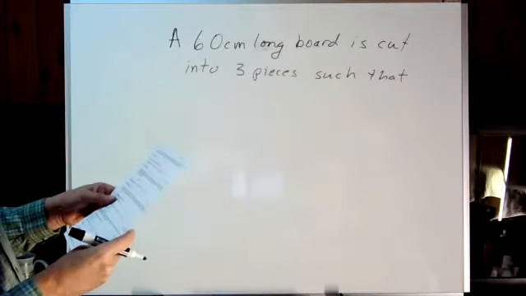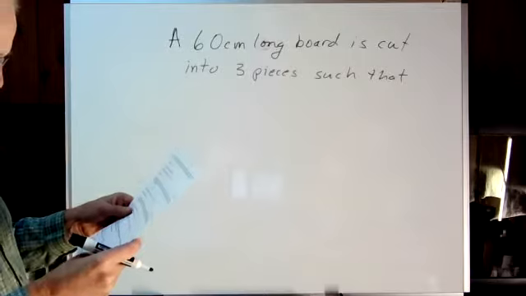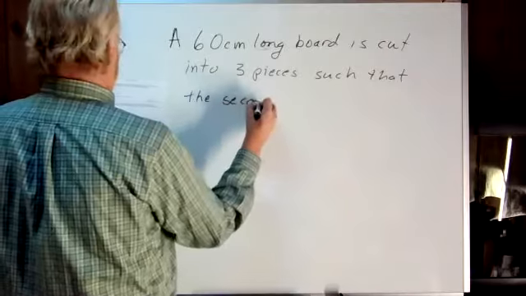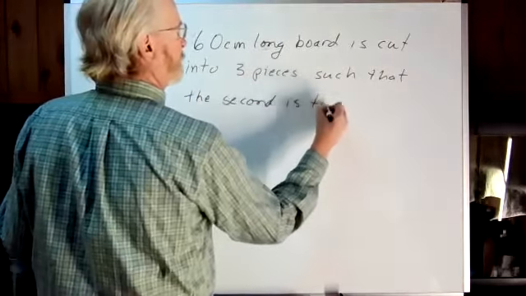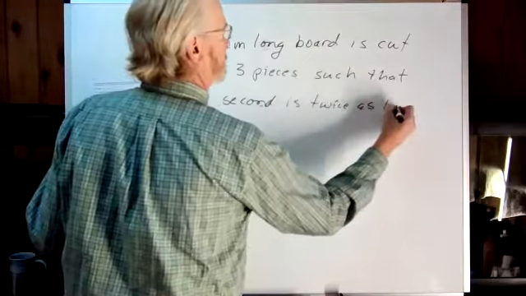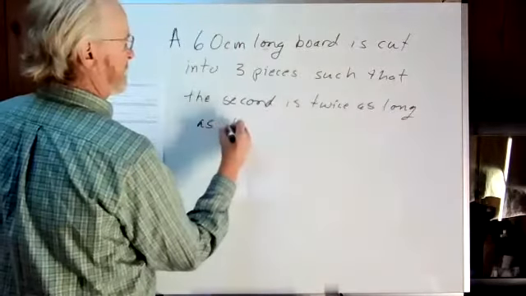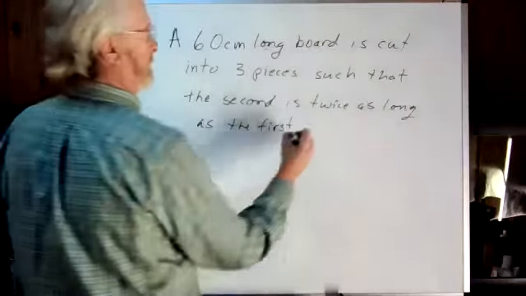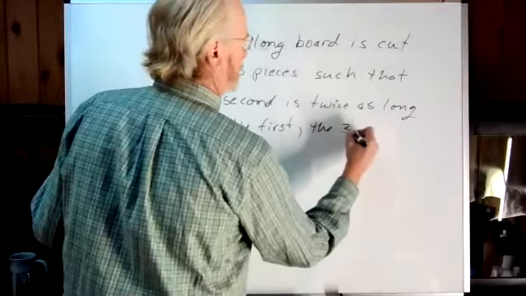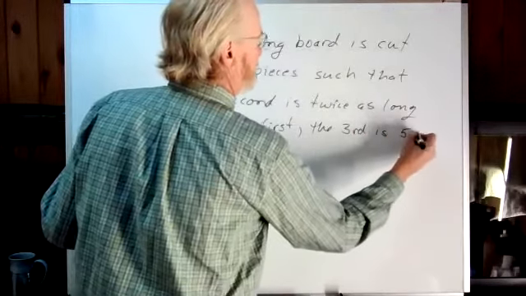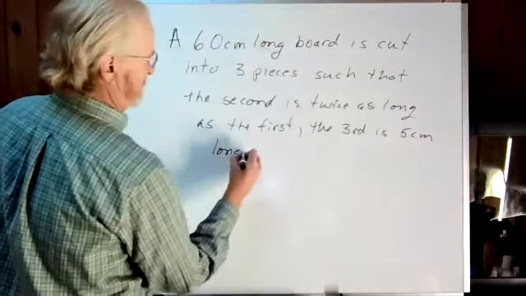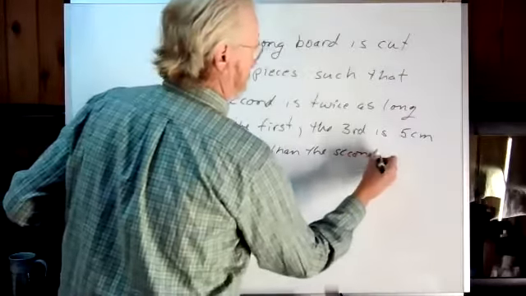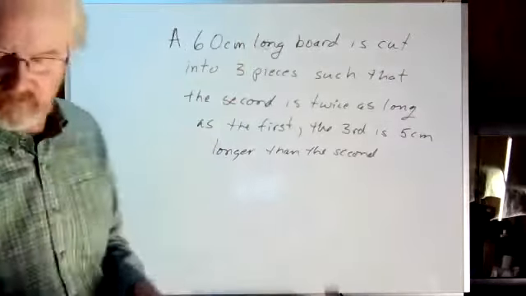A 60 centimeter long board is cut into 3 pieces such that the second is twice as long as the first, and the third is 5 centimeters longer than the second. Find the shorter piece.